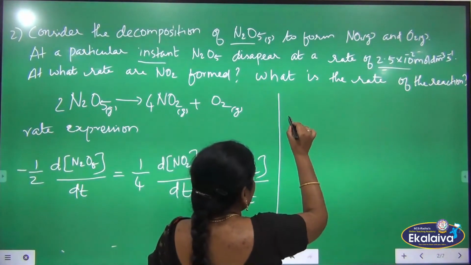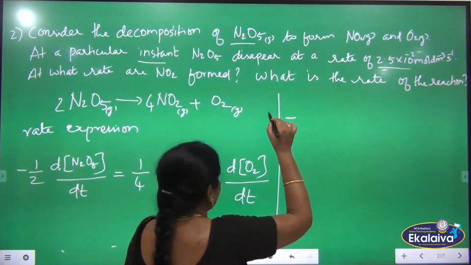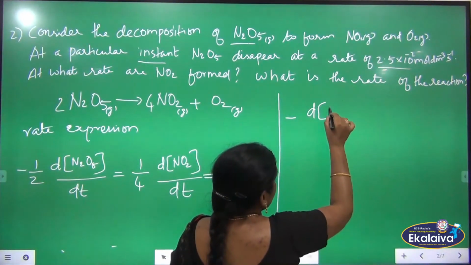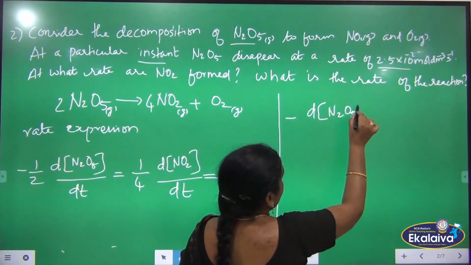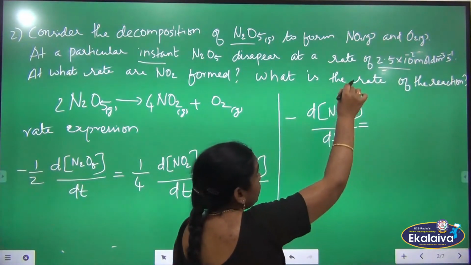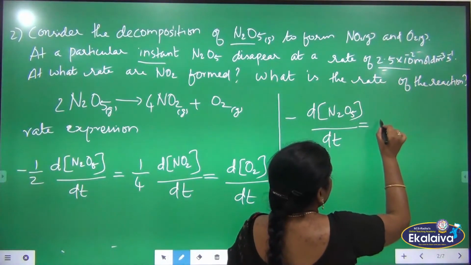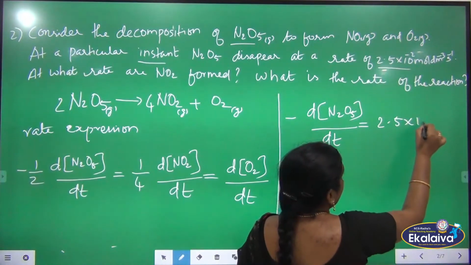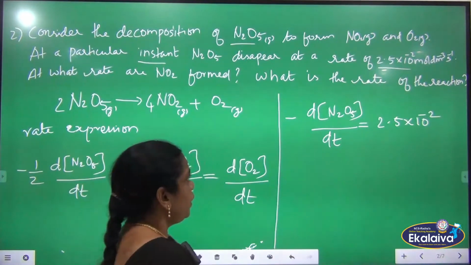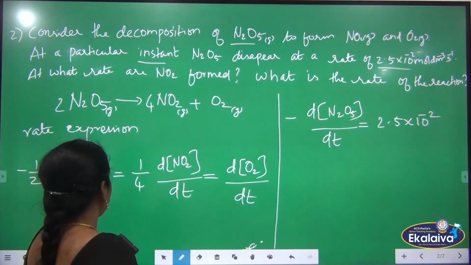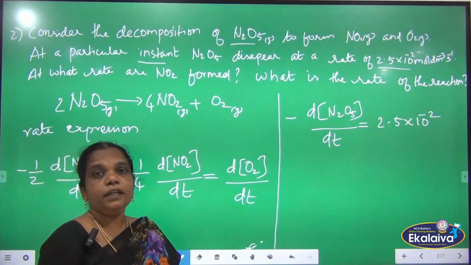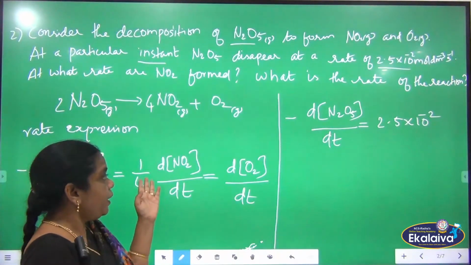So the disappearance, you have to take along with the negative sign, minus d of N2O5 by dt is given as the disappearance of the nitrogen pentoxide, 2.5 into 10 to the power minus 2 moles per decimeter cube. Now because all of them are equal, the rate of disappearance of the reactant is equal to the rate of appearance of the product.